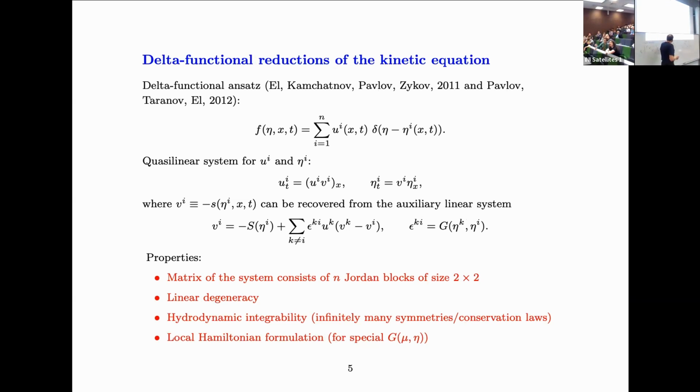Then the matrix can be reduced to a canonical form, which consists of Jordan blocks of this chocolate type. In particular, this soliton gas system can be reduced to n 2 by 2 Jordan blocks of chocolate style. So V1, V1, V1, V2, V2, V2, and so on. So n Jordan blocks of size 2 by 2, right?